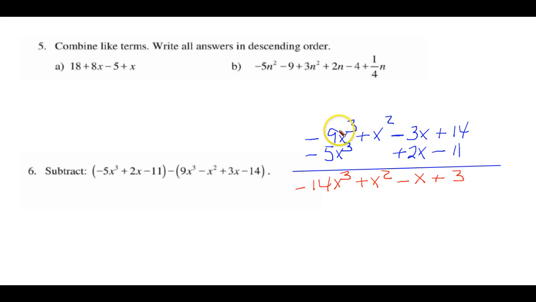And by writing this out in this neat, orderly way, lining up my like terms, following what they said and changing these signs, we have a pretty good chance of getting the right answer.